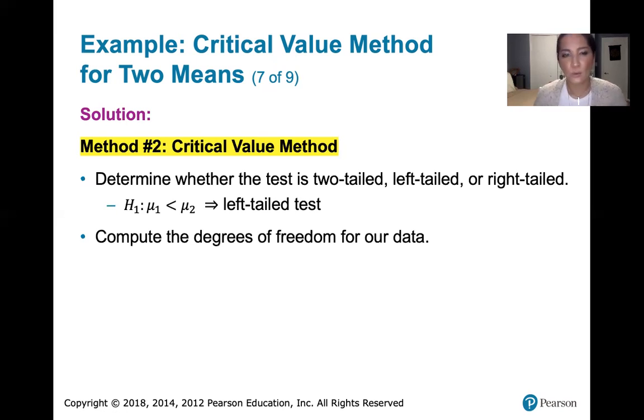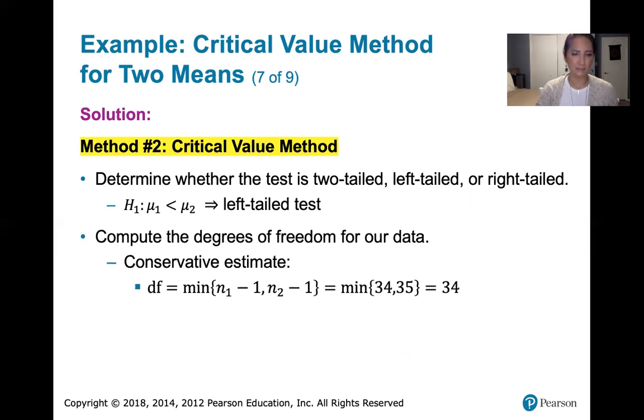And then in order to find the critical value, we need an estimate of the number of degrees of freedom. Now, you can use the exact value of degrees of freedom as we did with the p-value method, or you can just use the conservative estimate, which is the minimum of the two sample sizes, each minus one.